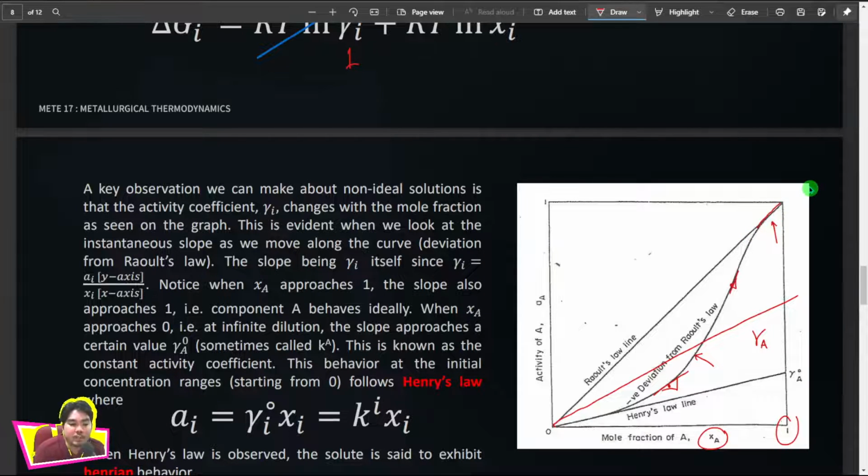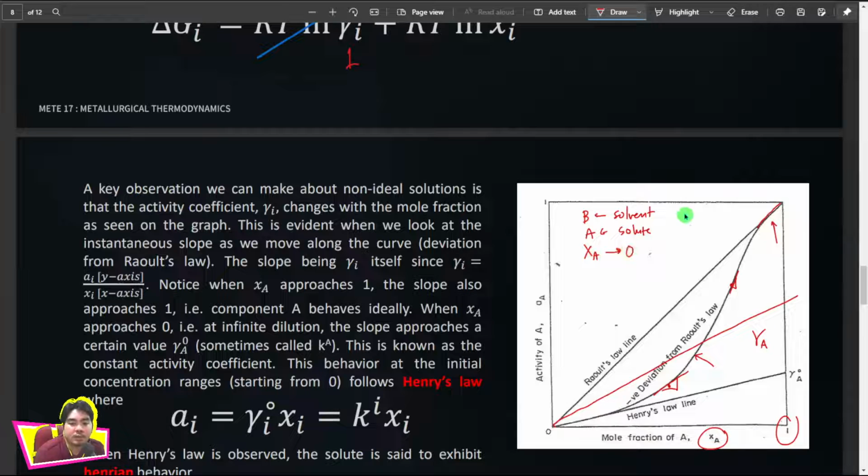Pero one interesting na observation is that pagka nag-approach siya ng infinite dilution, meaning if this is X sub A, no? And our component, our host is B, kunwari yung solvent natin. So we have solvent B. Tapos solute natin is si A. Okay? So infinite dilution means that the solute composition XA is approaching 0.